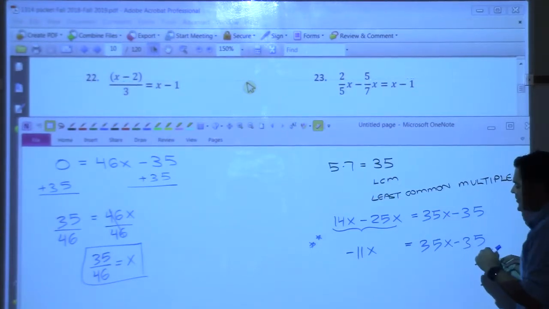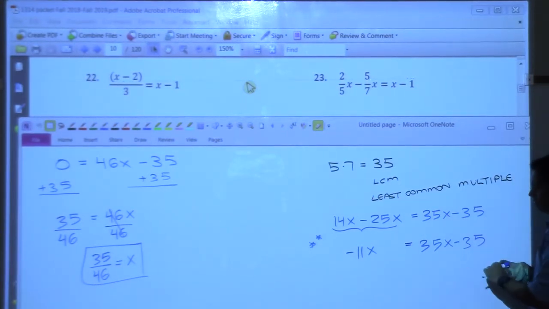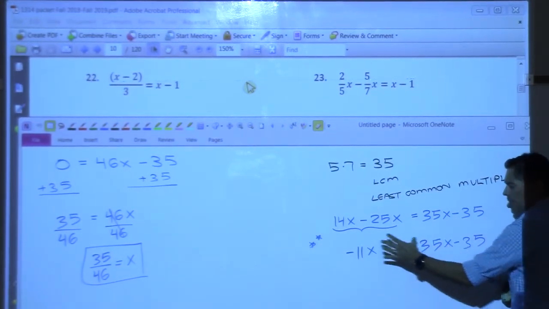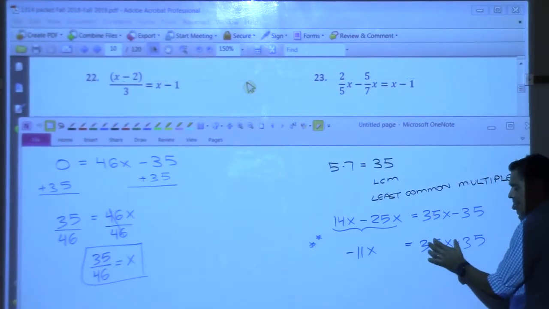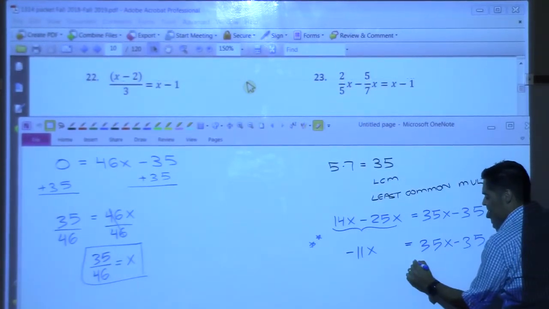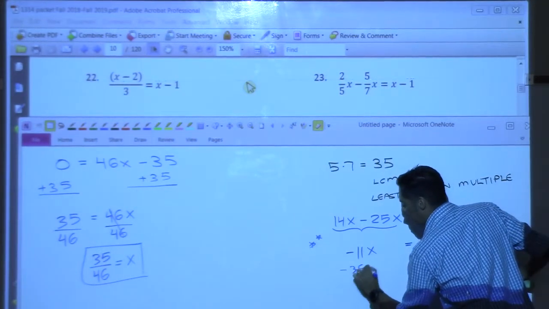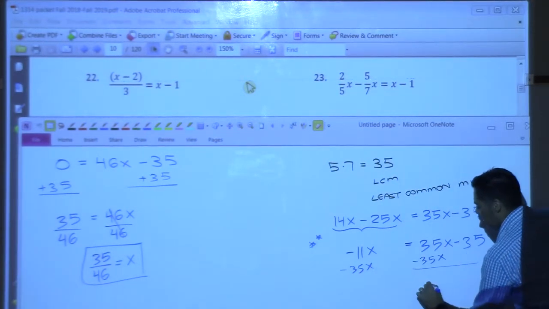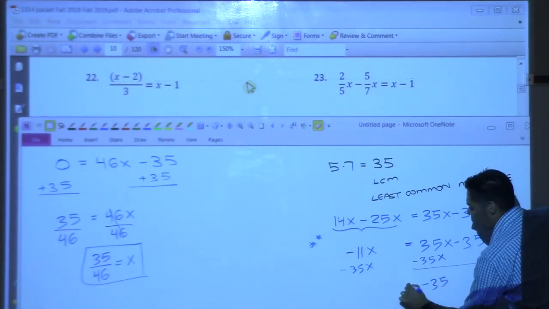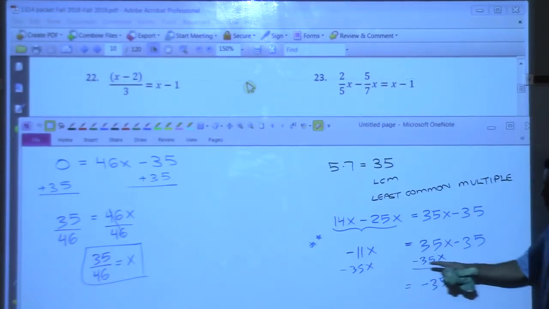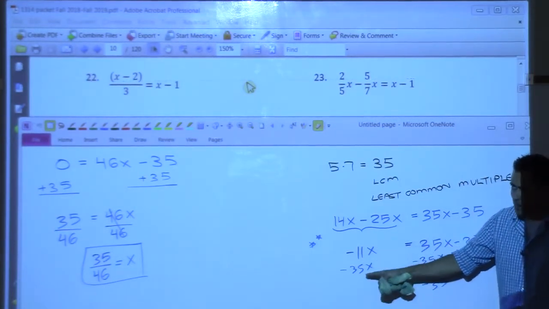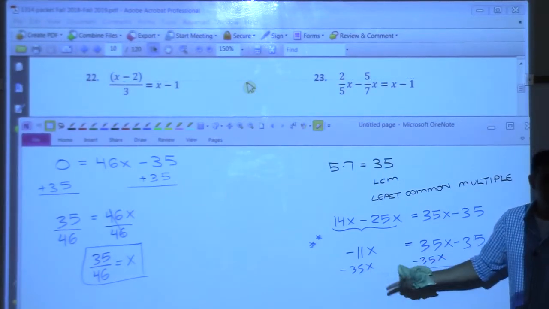Okay, so I think a lot of students, what they would have done is they would have said, look, we have x's by themselves here. We just need to get this x out of here. So what if we subtract 35x here? This would become negative 35 on this side, agreed? Then over here, what would we get? Negative 11, take away 35, negative 46x.